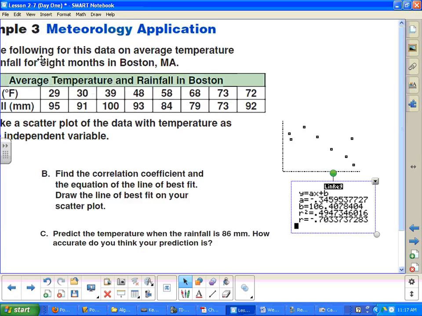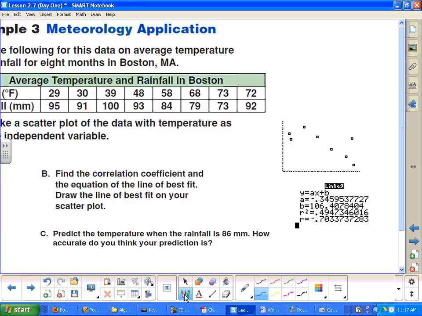Okay, so my equation for my line then is y equals negative 0.346x plus 106.4, and my correlation is negative 0.7. Now, notice 2 things.